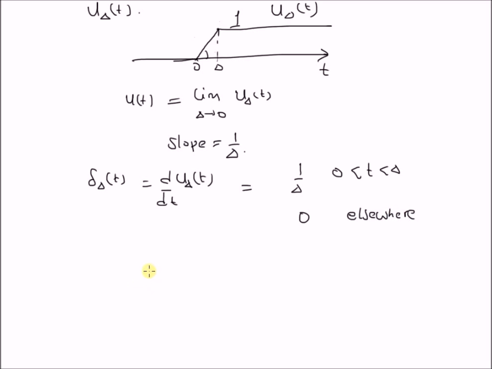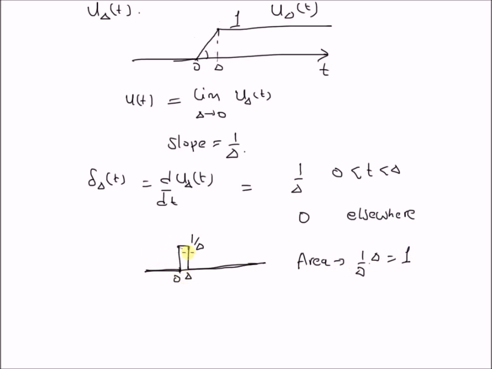Graphically, it can be represented as follows. Between 0 and delta, it has a constant value 1 by delta, and everywhere else it is 0. So this is a pulse signal. And note that the area is always equal to 1 by delta into delta, which is 1.